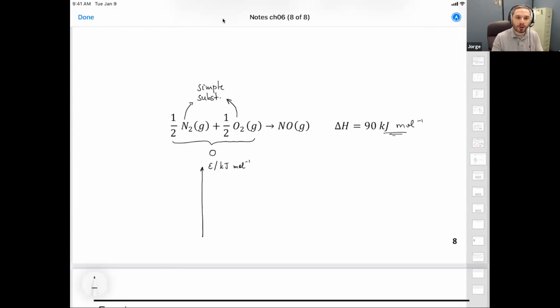The first point that we know from this energy diagram is the energy level for the reagents, which is 0. So let me draw here. That's the energy level for the reagents.